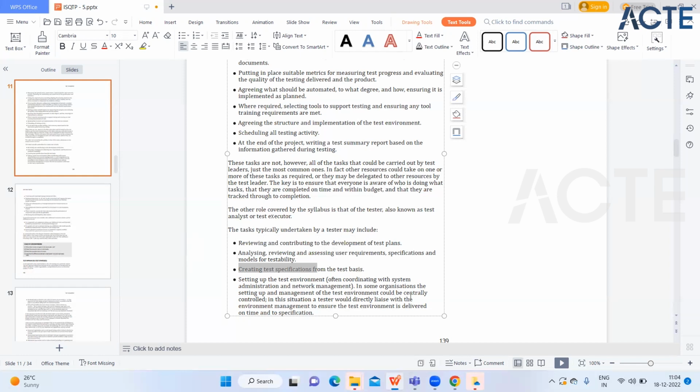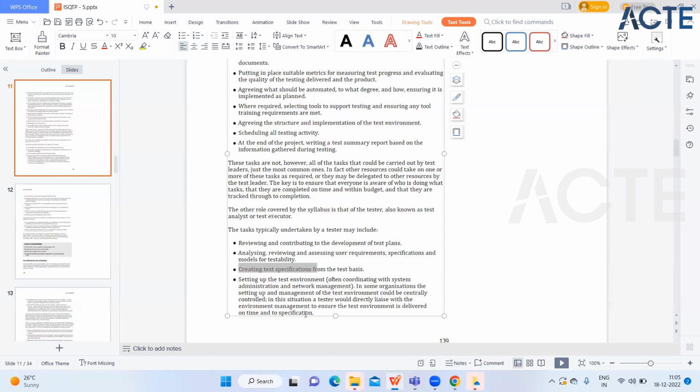Now, setting up the test environment. In some organizations, the setting up and management of the test environment could be centrally controlled. In this situation, a tester would directly liaise with the environment management to ensure that the test environment is delivered on time and to specification. So it is not the responsibility of the tester to prepare or manage the test environment in that case.